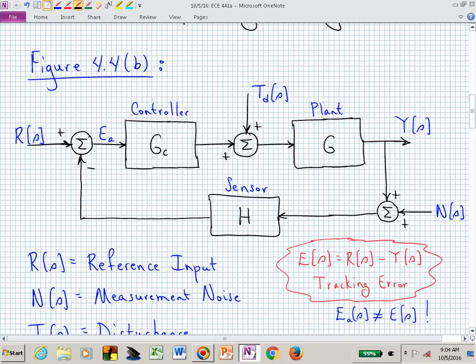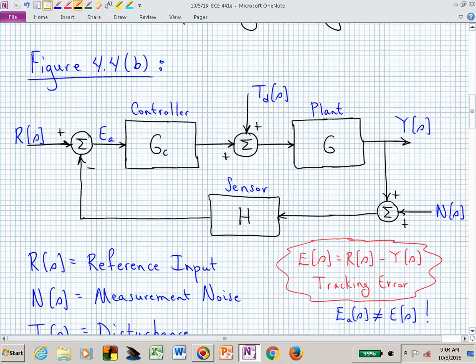N, luckily using the letter N for noise, could be a sensor noise, and you might have sensor noise added onto your measurement, and that gets fed back in as you're comparing your output Y, filtered through H, with your reference input R. In this class, we will usually set H equal to 1.